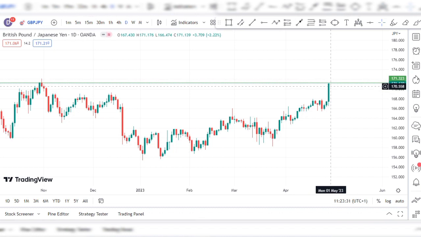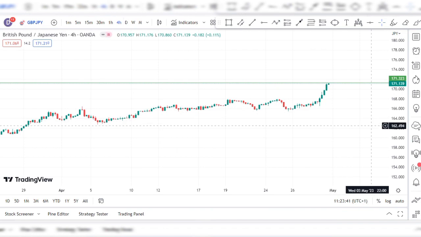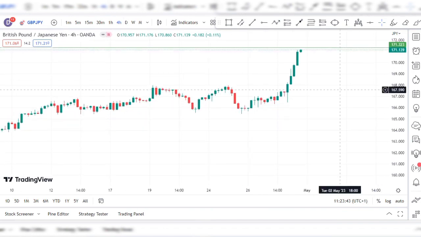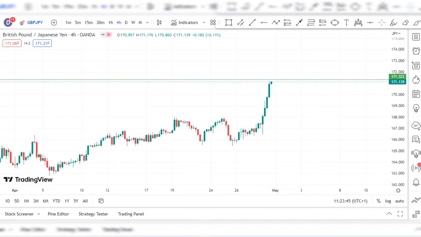If price breaks that area and continues to the upside, or if price forms a reversal candle, then we can take our sell trade from there. If price breaks through, of course, we know we'll have to wait for our retest of that area and then take our buy trade to the top.